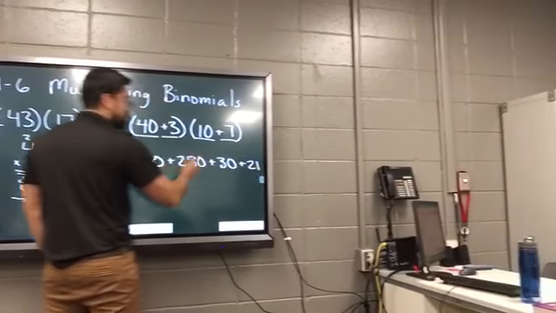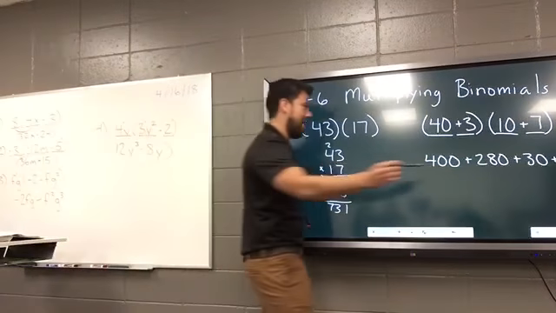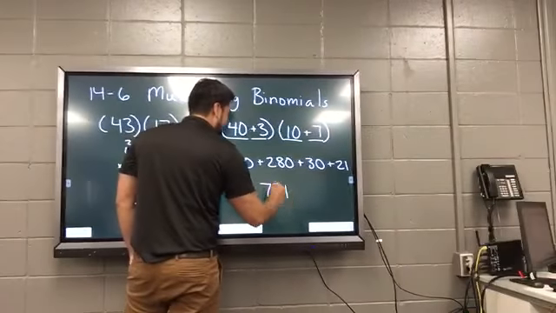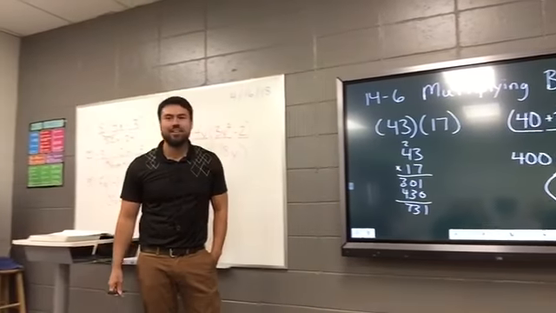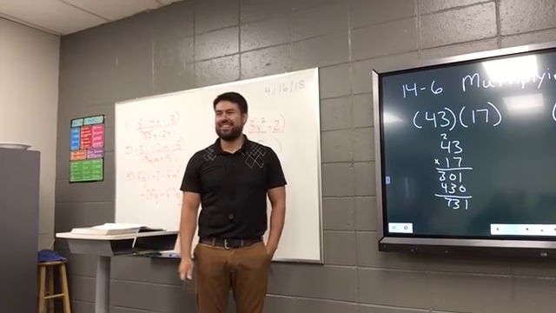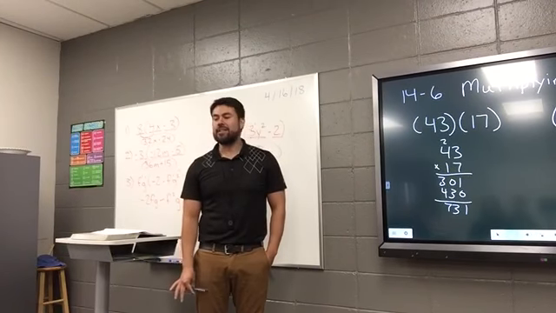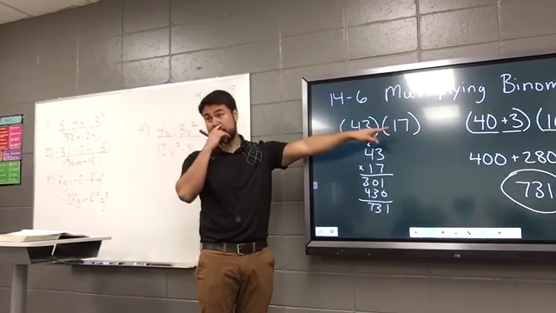What do I do with all these? I add them up. What do they give me? 731. This is a hack. That's not a hack. You have to do four multiplications. What? No way. I did it like this because I wanted you guys to know you've done this so many times before you don't even know it. You've used FOIL so many times.